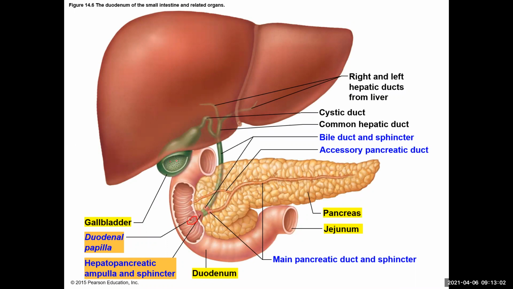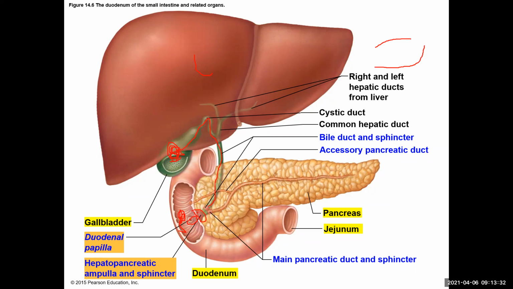Bile is produced in the liver and stored in the gallbladder. When the food comes here in the duodenum, cholecystokinin is the hormone which causes contraction of the gallbladder, and that's how the bile is released and reaches a cup-shaped organ called the hepatopancreatic ampulla, right?